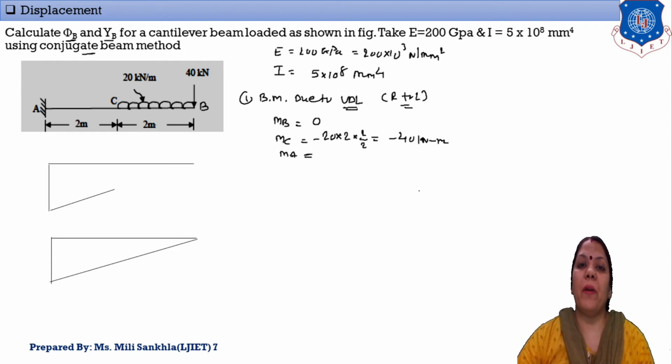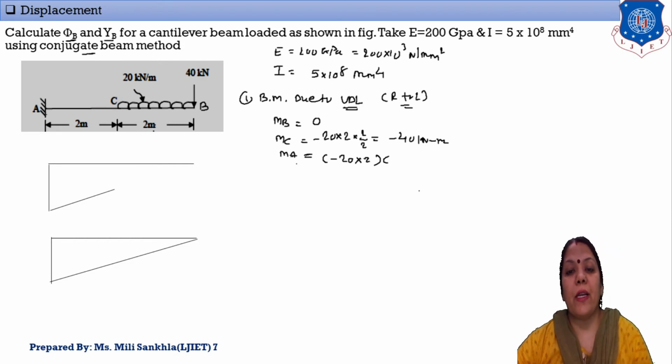Now the moment at A due to this UDL is 20 into 2, and the CG distance to A is 2 plus 2 by 2. So the answer is minus 120 kilonewton meter.